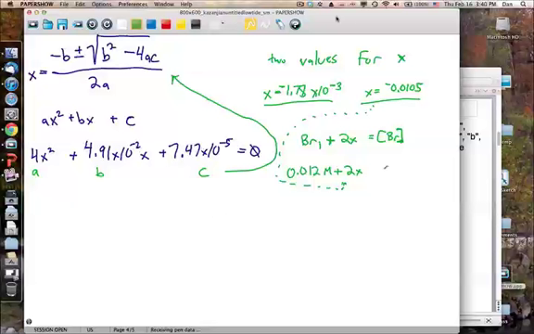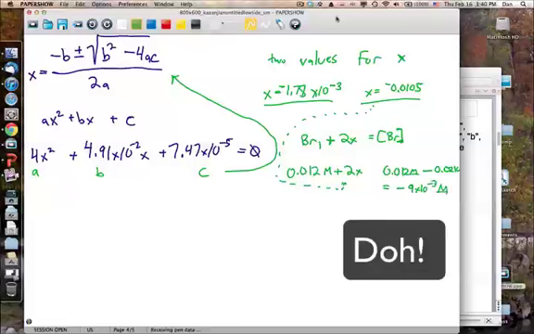This would become 0.012 molar. Doing the math, doing the substitution, doing the multiplication, minus 0.0210. And so what this means is that at equilibrium, we would have negative 9 times 10 to the minus third molar molecular iodine.